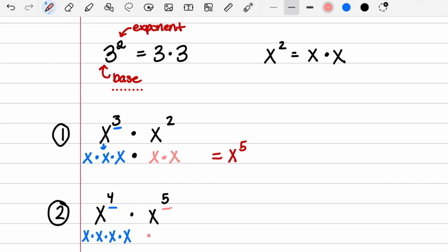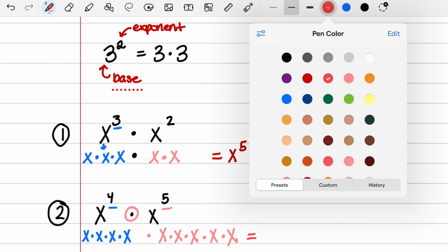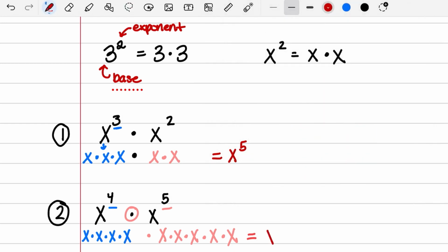So I'm just going to put that little symbol down from right here. X times x times x times x times x, 5 times. And now we can see that x is being multiplied by itself 1, 2, 3, 4, 5, 6, 7, 8, 9 times. X to the power of 9.